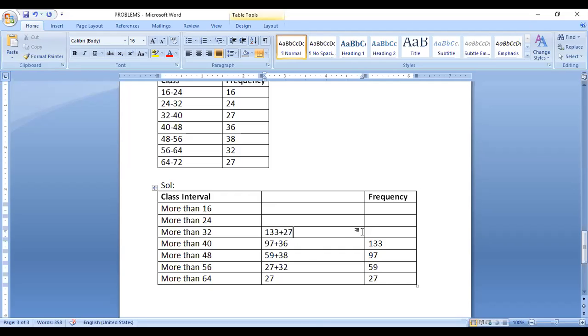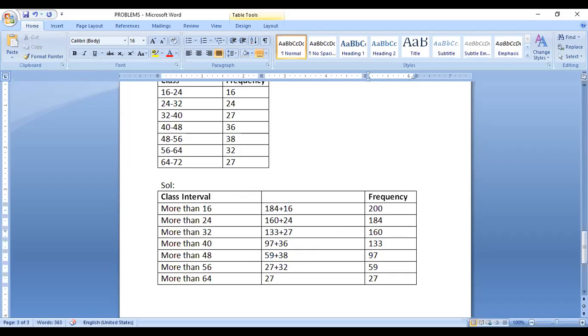So 133 plus 27 is 160. Then next 160 plus 24 is 184. Then next one, 184 plus last one is 16. So 200 will be there.